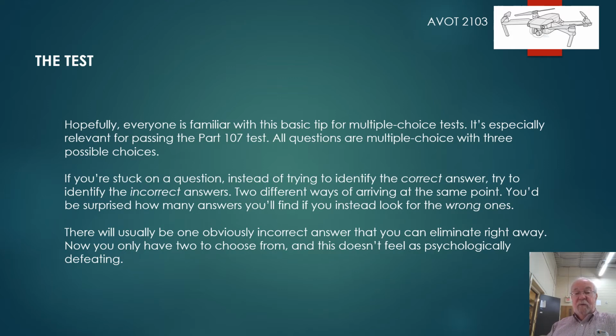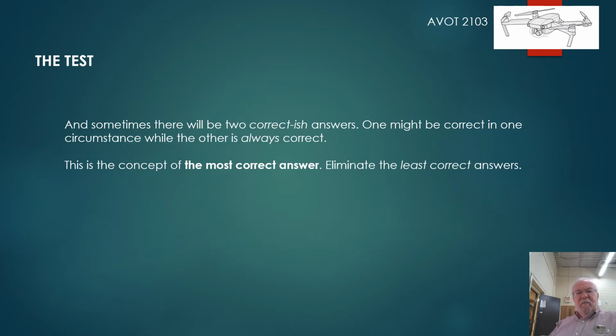So now you have the 2 options to choose from, and it doesn't feel quite as psychologically defeating when you just have 2 choices. Not to mention that gives you a 50% chance. No, we never really want to rely on the chance answer, but you do want to know the material, and you ought to be able to know the material. Sometimes there'll be 2 correctest answers, right?